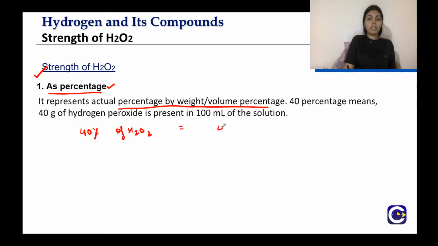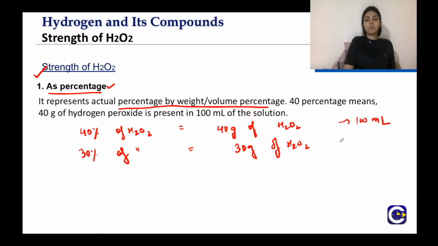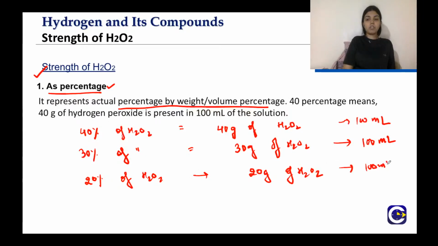That means 40 gram of H2O2 is present in 100 ml of solution. Similarly, 30% of H2O2 means 30 gram of H2O2 is present in 100 ml solution. Again, 20% of H2O2 means 20 gram of H2O2 is present in 100 ml solution.